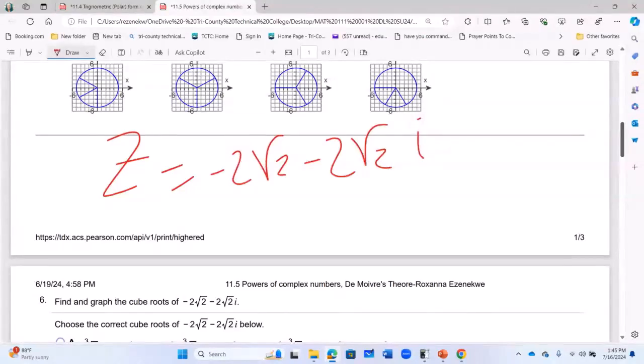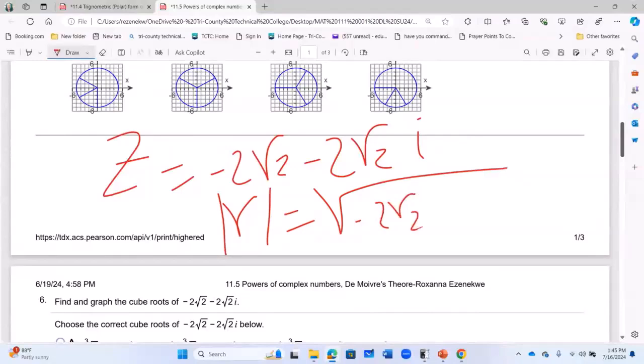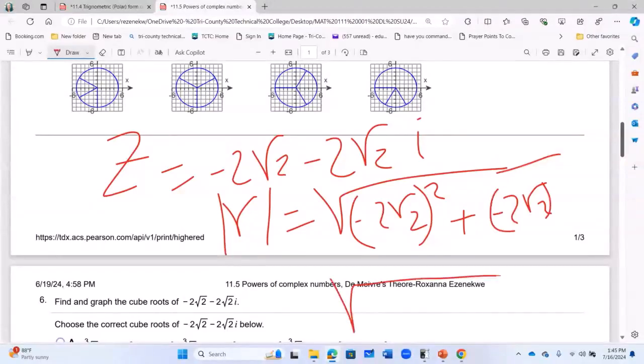Okay, and the first thing I want to find out is the modulus. So the modulus is equal to the square root of the real part, negative 2 root 2 squared, plus negative 2 root 2 squared. If I open that parenthesis, I have 2 squared is 4, 4 multiplied by 2 is 8.